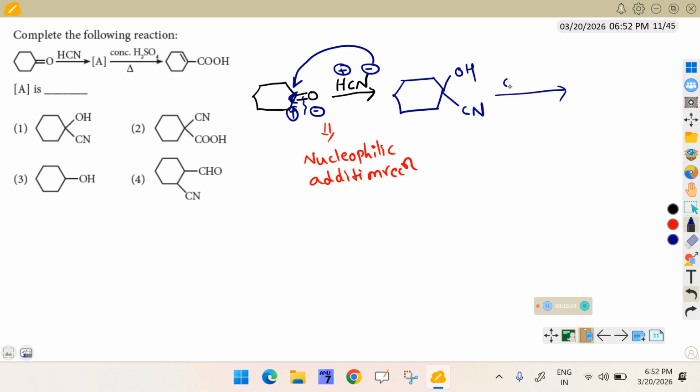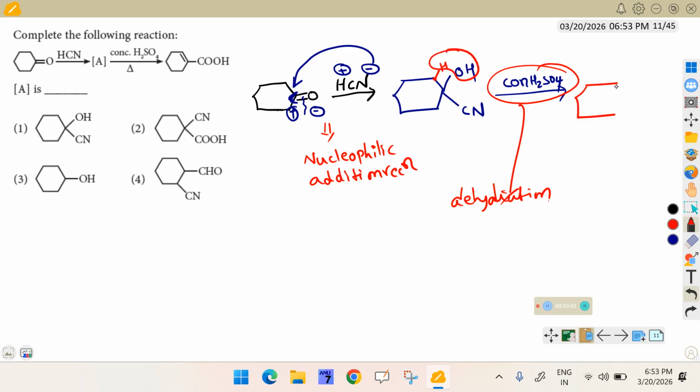It reacts with concentrated H2SO4. We know that concentrated H2SO4 acts as a dehydrating agent, so a dehydration process takes place. Remove a hydrogen atom from the beta carbon; H2O you can remove. Then it gives a double bond, CN plus H2O.